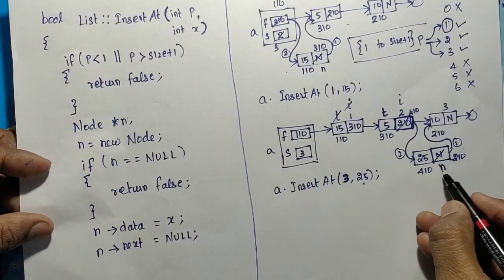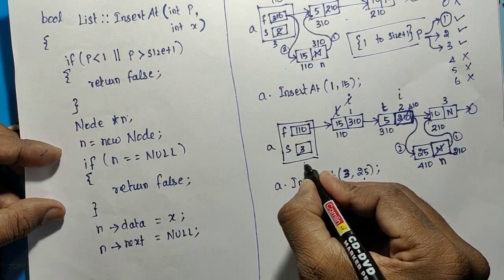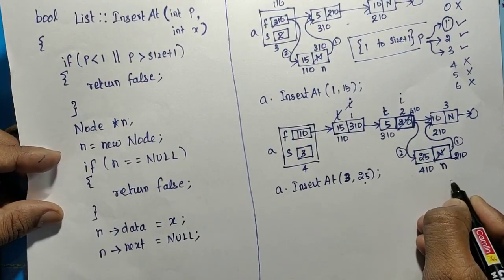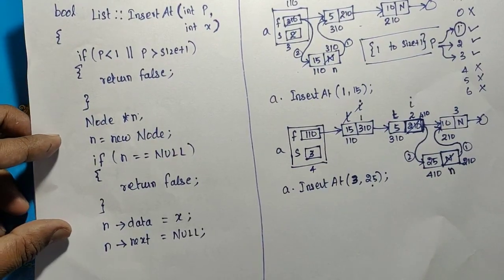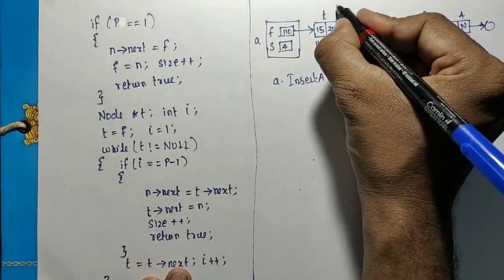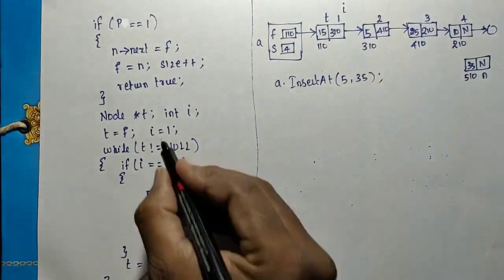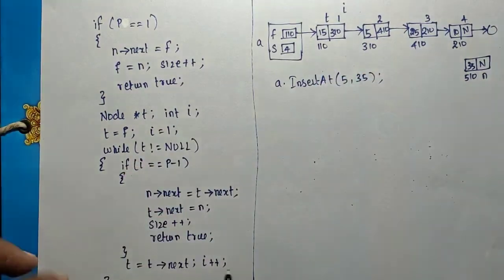So here what is happening after inserting like this? This will get incremented to 4, and this will be the result. By the time I is pointing to 1. So T not equal to null, here T gets incremented, I gets incremented.